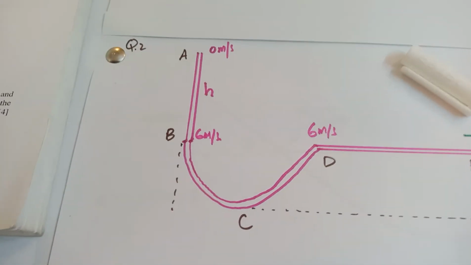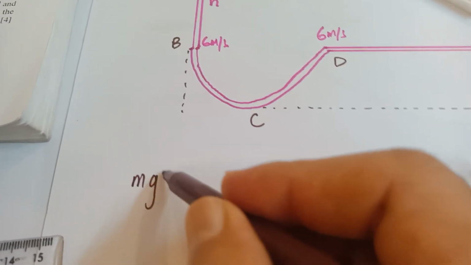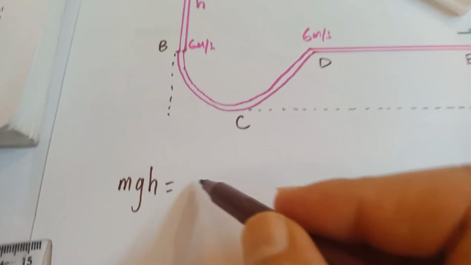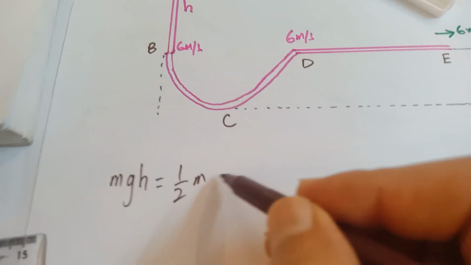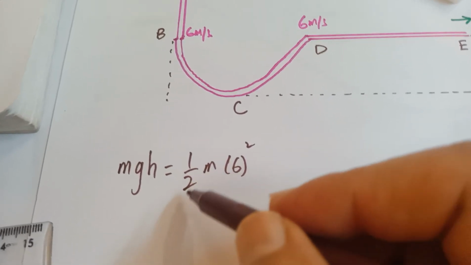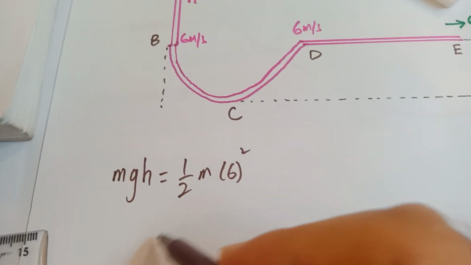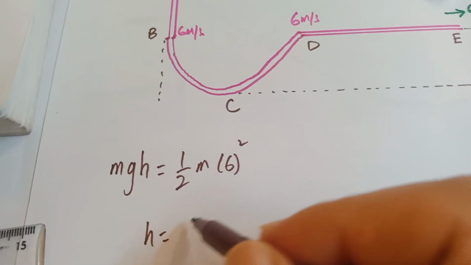The change in potential energy over here is mgh. So I'm just going to write this as mgh, and that is going to be equal to the kinetic energy at this level, that is half m into 6 squared. Okay, so the m's are cancelled, so h would be 18 over 10.